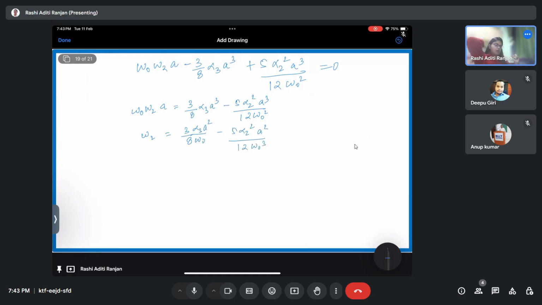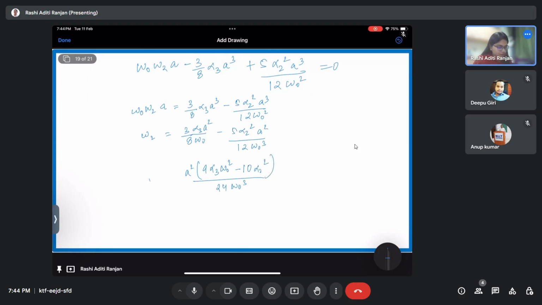So we will take the denominator as 24 omega naught cube. And let us consider a square as common. So we'll have 9 alpha 3 omega naught square minus 10 alpha 2 square.